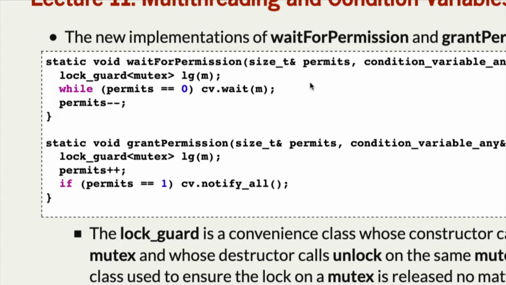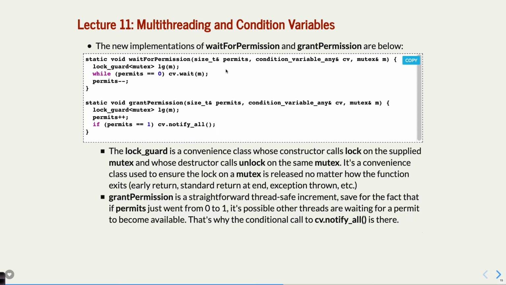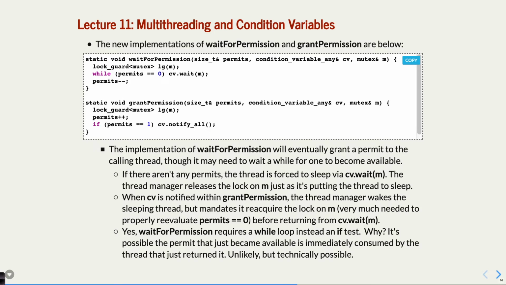So this while some condition is true, wait on it, that's so common that they've built it into the condition variable any. If you didn't have the while loop, then you would use the lambda. Yeah, let's see what that lambda function looks like in a second.